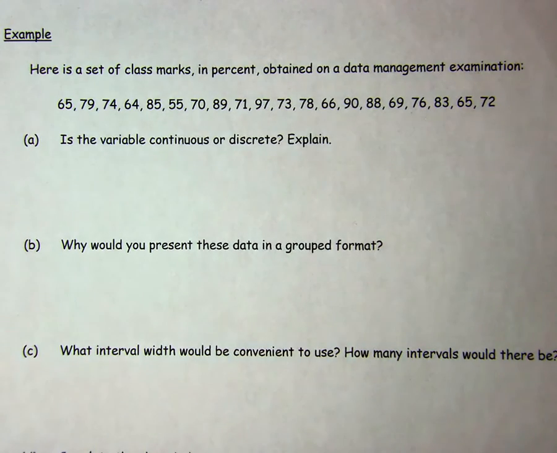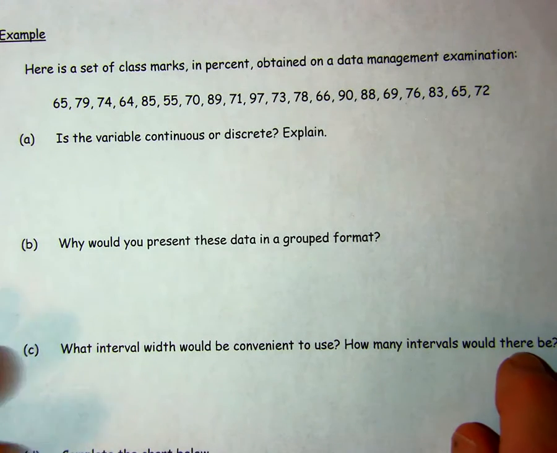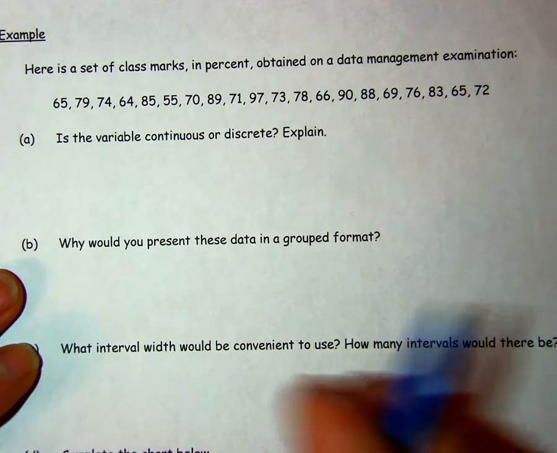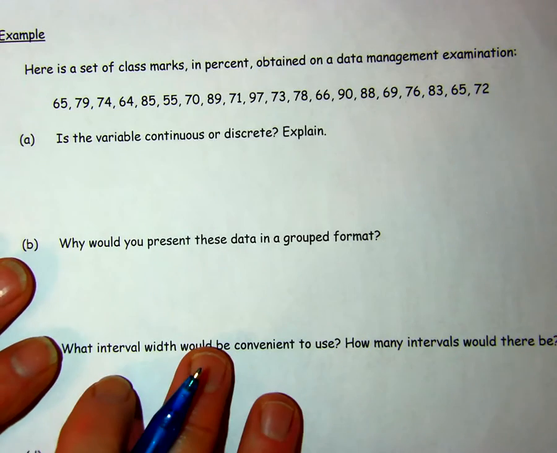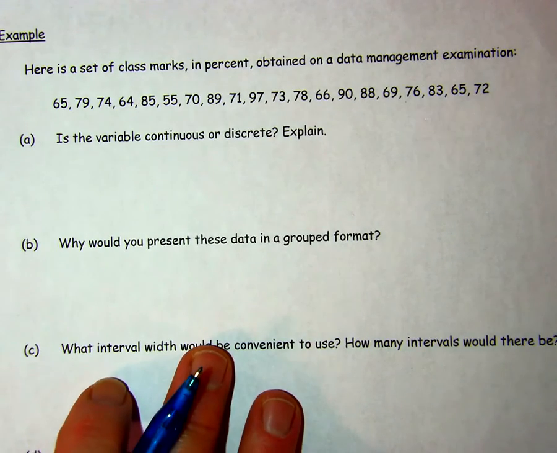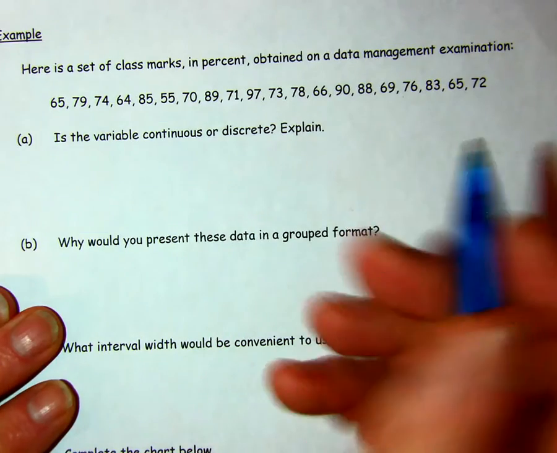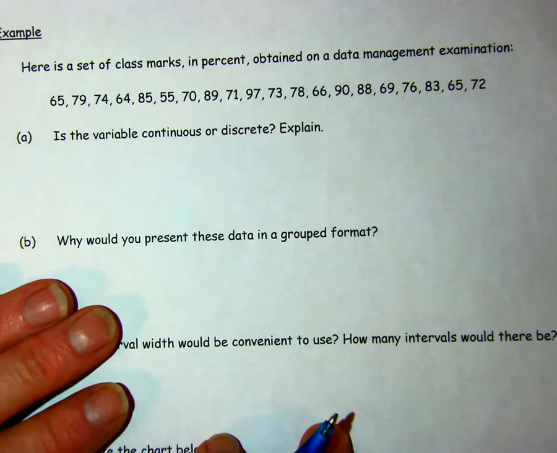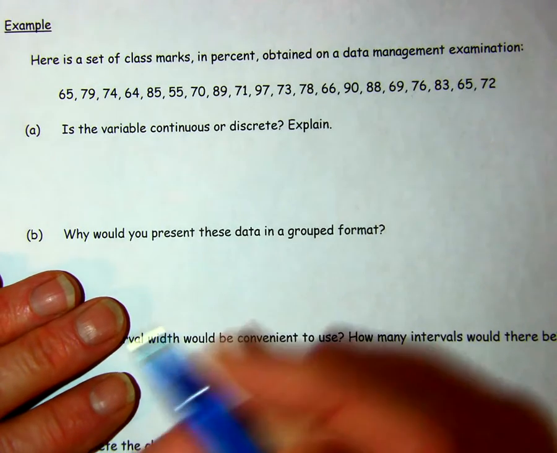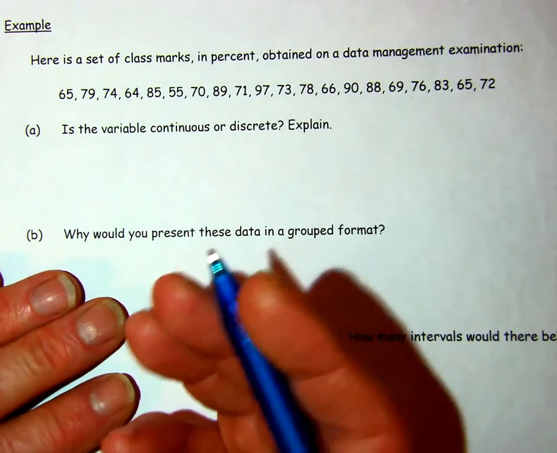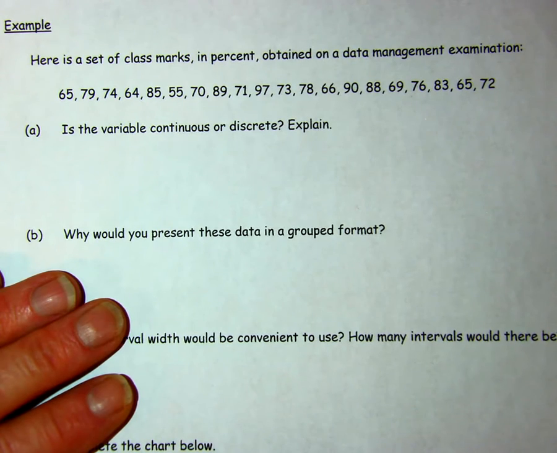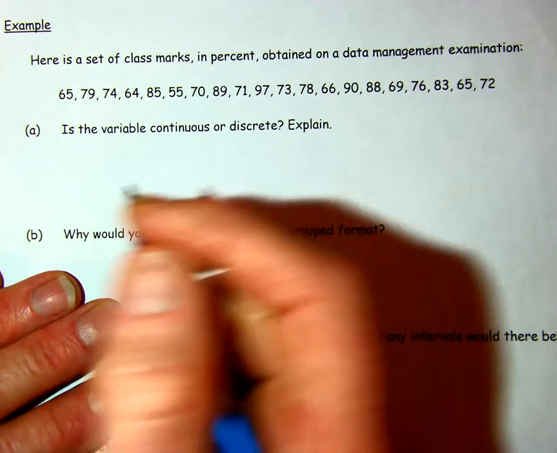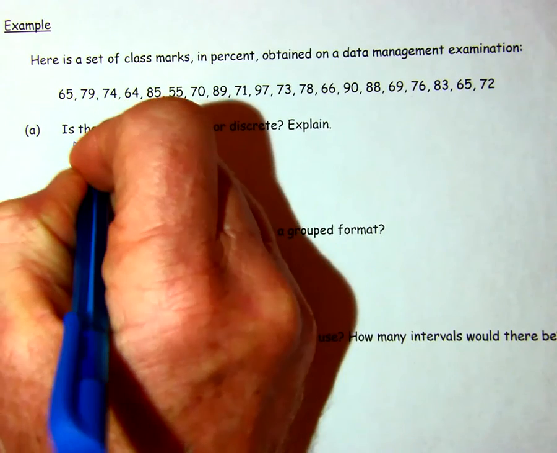All right. Here's an example. Here's a set of class marks in percent obtained in a data management examination. Is the variable continuous or discrete? What do you think? Moranaz, is it continuous or discrete? It's discrete. You could theoretically on the test get an 89.02, but that's not how most marks are entered, right? Most of the time it's typically discrete for marks.